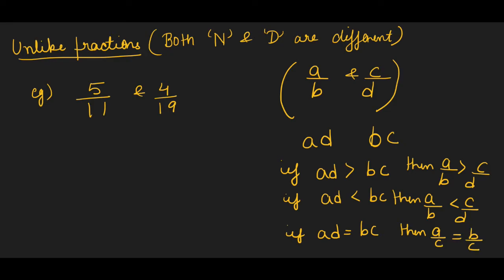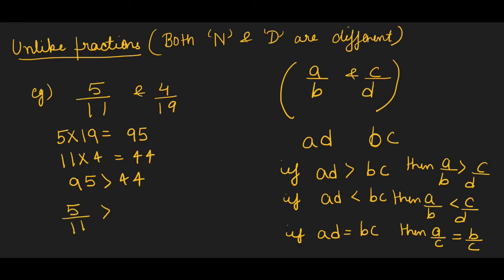So now children, here what will you do? We will first find the product of 5 into 19. 5 into 19 is 95 and 11 into 4 is 44. So 95 is greater than 44. So 5 upon 11 is greater than 4 upon 19.